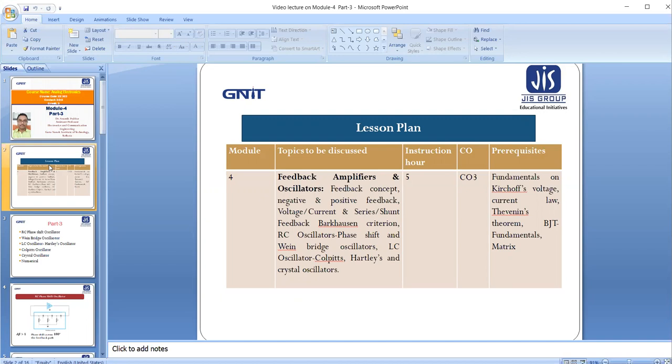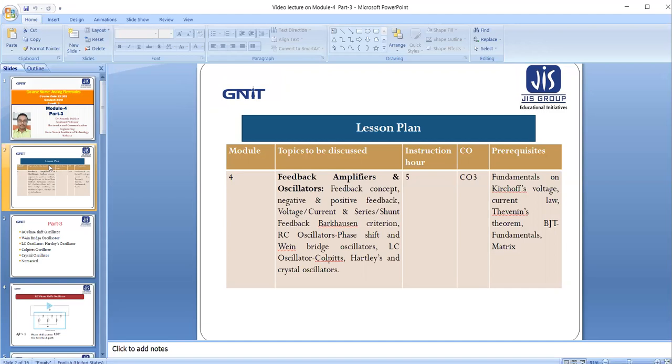The topics to be discussed are feedback amplifiers and oscillators, with subtopics including feedback concept, negative and positive feedback, voltage or current, and series or shunt feedback, Barkhausen criteria, RC oscillators, phase shift and Wien bridge oscillators, LC oscillator, Colpitts, Hartley's, and crystal oscillator. The instruction hour is set to 5 and the corresponding course outcome is prescribed as CO3.